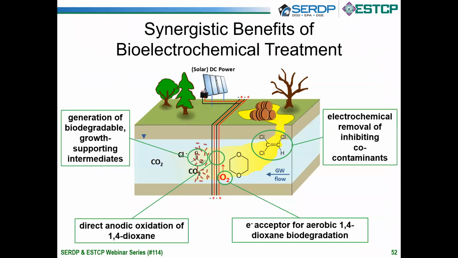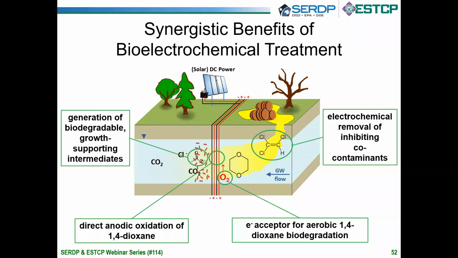So this brings us to our hypotheses. And obviously, we have in the bottom left the direct anodic oxidation of 1,4-dioxane in such a system. But again, because this would be wasteful and we're generating all these gases, the idea was to use the oxygen as an electron acceptor for aerobic 1,4-dioxane biodegradation processes.